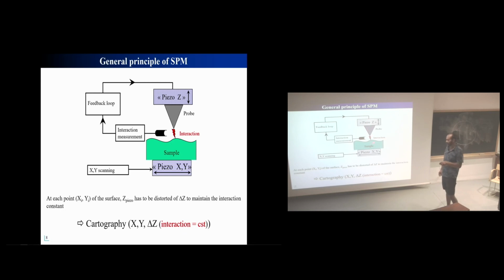And then you want to measure this interaction, and this measurement is going to feed a feedback loop that is going to modify the piezo Z distortion to maintain this interaction constant. So in SPM, the map you obtain of a surface is defined by Z, X, Y, of course, and Z at an always constant interaction.